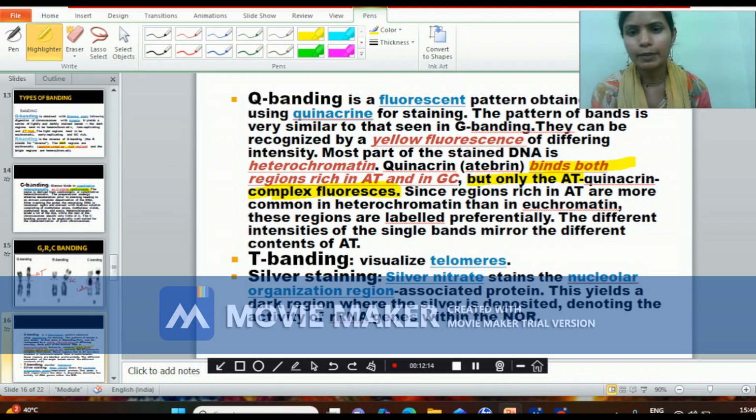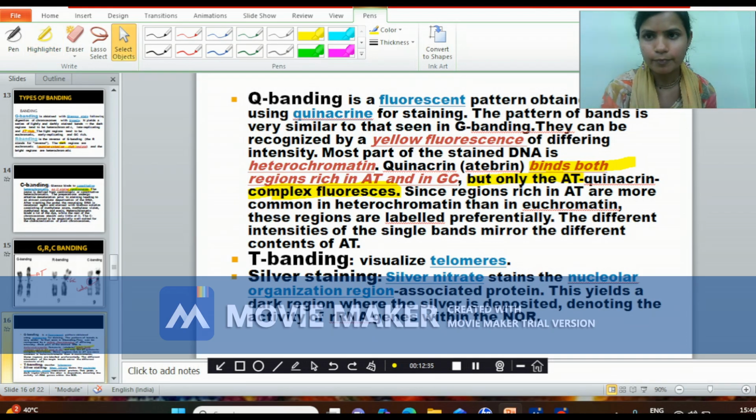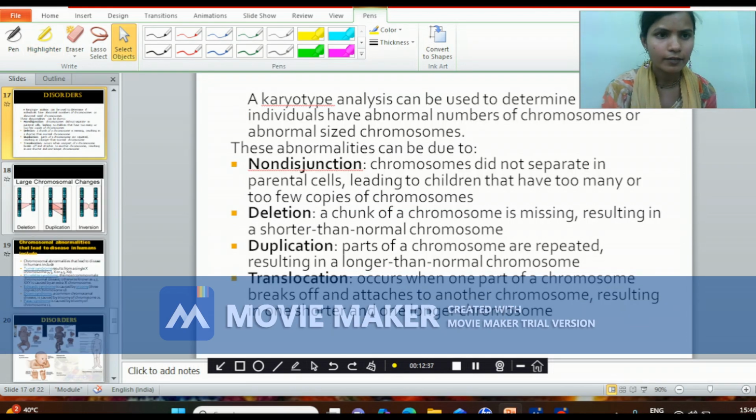T banding pattern is used for the visualization of telomeres. In silver staining, to see rRNA genes within the nucleolar region, silver staining is used. Now we can see disorders.